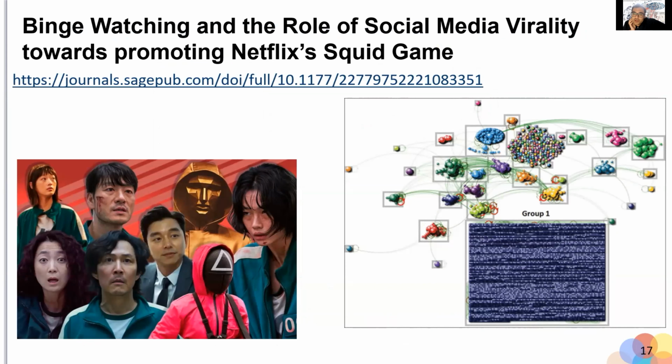We've also used NodeXL for popular culture topics. Last year, the Squid Game TV show became really popular on social media, and we were able to use NodeXL to create a network graph and chart to find key hubs of information, key people helping Netflix spread this TV show across Twitter, and pinpoint influential users.